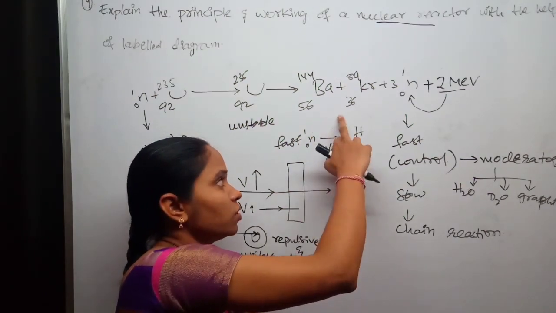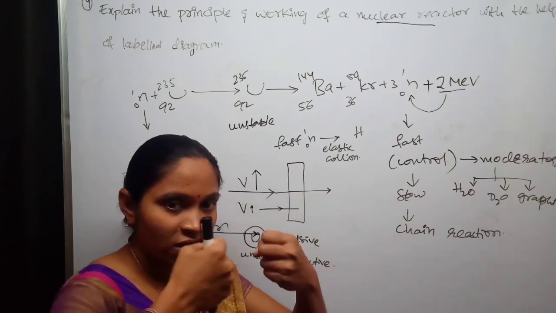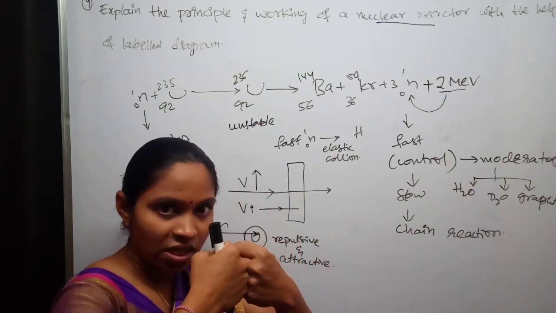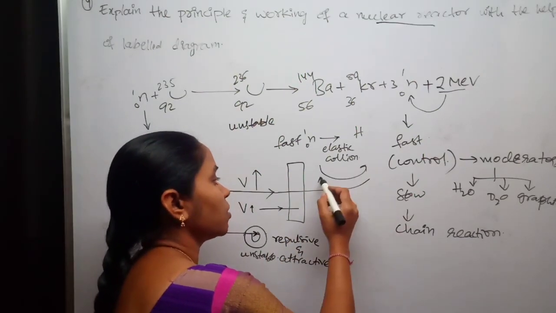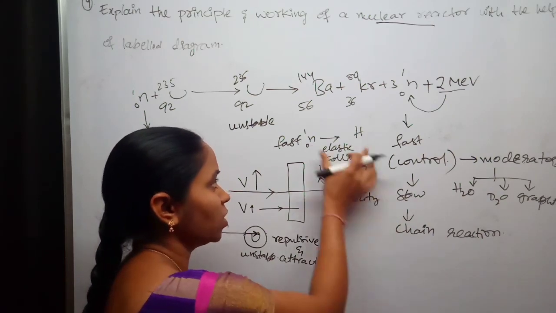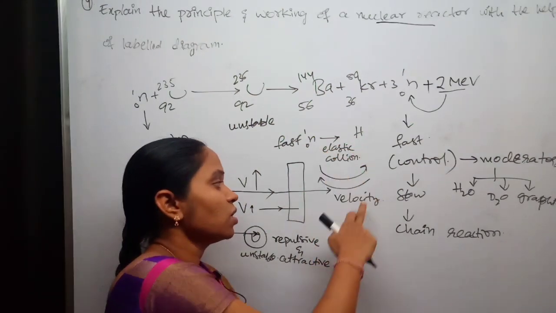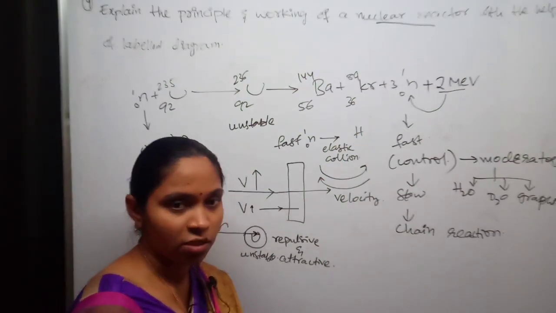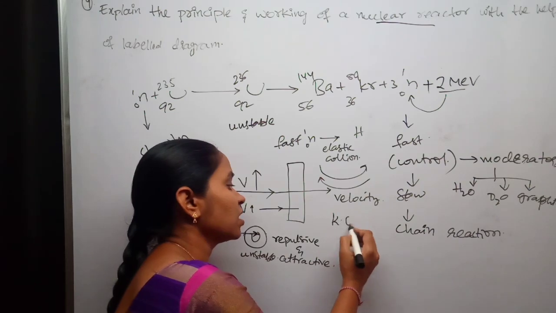The size of the neutron of the hydrogen atom and this neutron are the same, and the elastic collision takes place. Exchange of velocity takes place between these neutrons. Why? Because for elastic collision, kinetic energy is conserved.